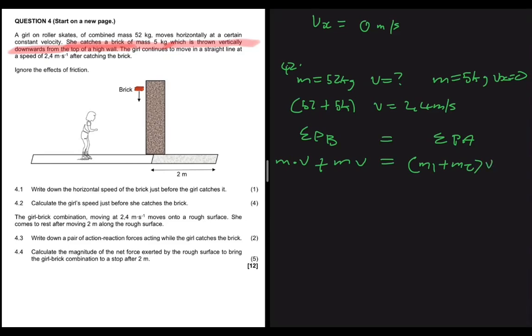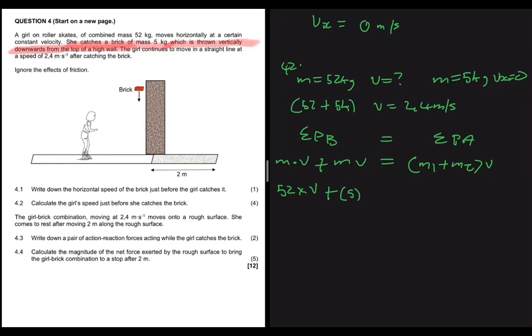So what is the mass of the girl? We know that the mass of the girl is 52 kg, and the velocity initially before catching the brick is unknown. It's what we're looking for. And then plus the mass of the brick, which is 5 kg, multiplied by the velocity of the brick before the girl catches it.